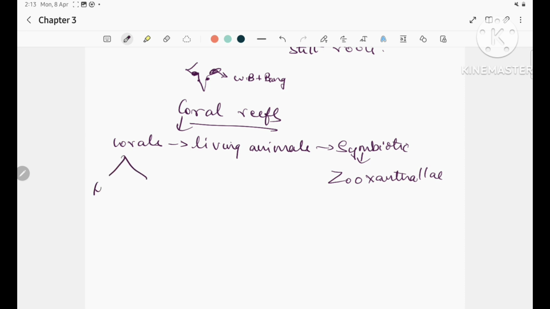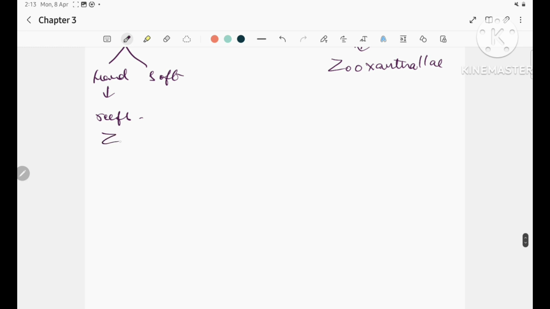Corals are of two types, hard and soft. Only hard corals can build reefs. What is zooxanthellae? Zooxanthellae assist the coral in nutrient production and help in photosynthesis.